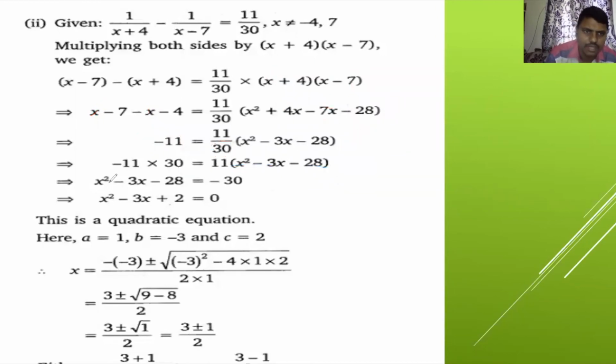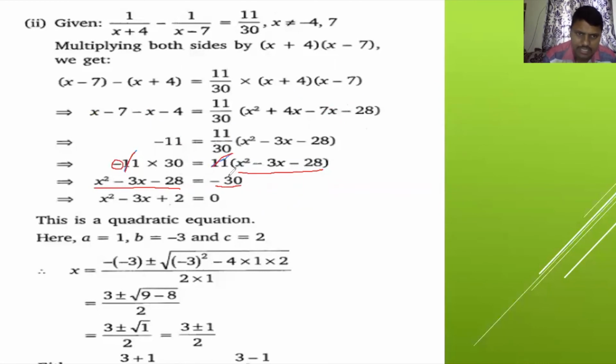After that, children, look here, you can cancel directly. 11 is there, this side a product is there, that side a product is there. So you get x square minus 3x minus 28, equal to minus 30, because minus is there.